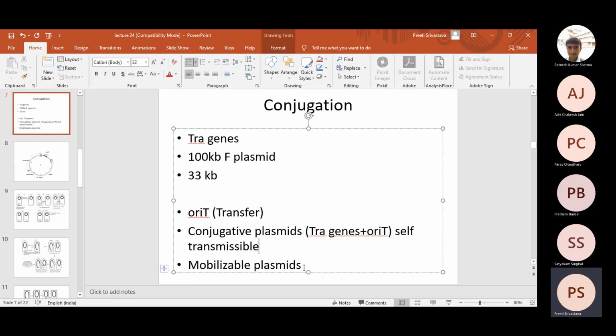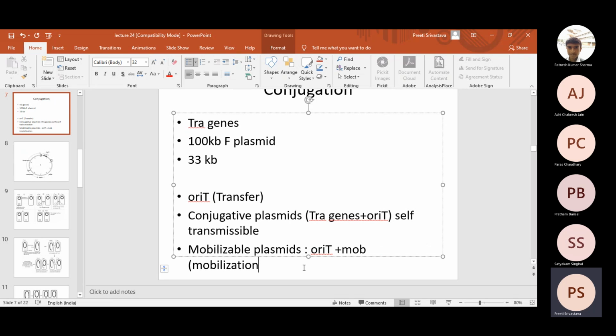On the other hand, mobilizable plasmids are the ones which carry ORI-T and the MOB protein, MOB is for mobilization, and which do not contain any of the TRA genes.